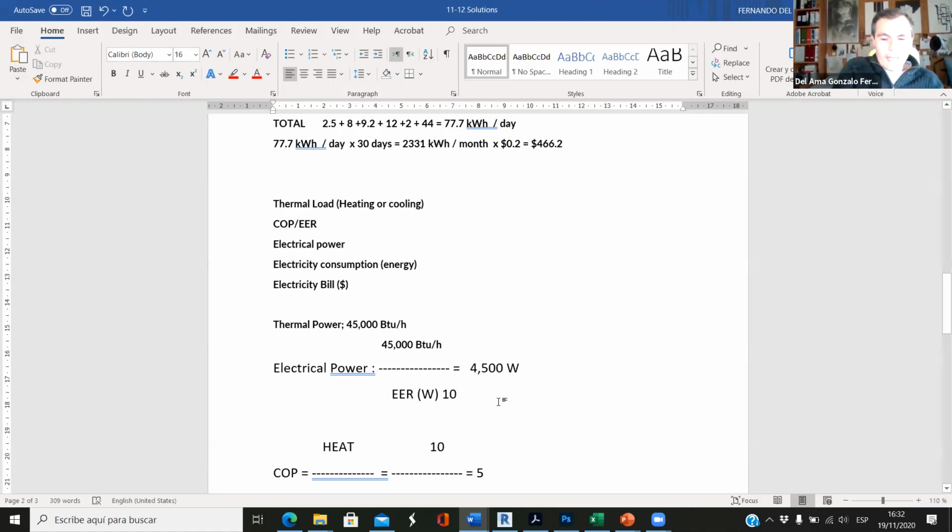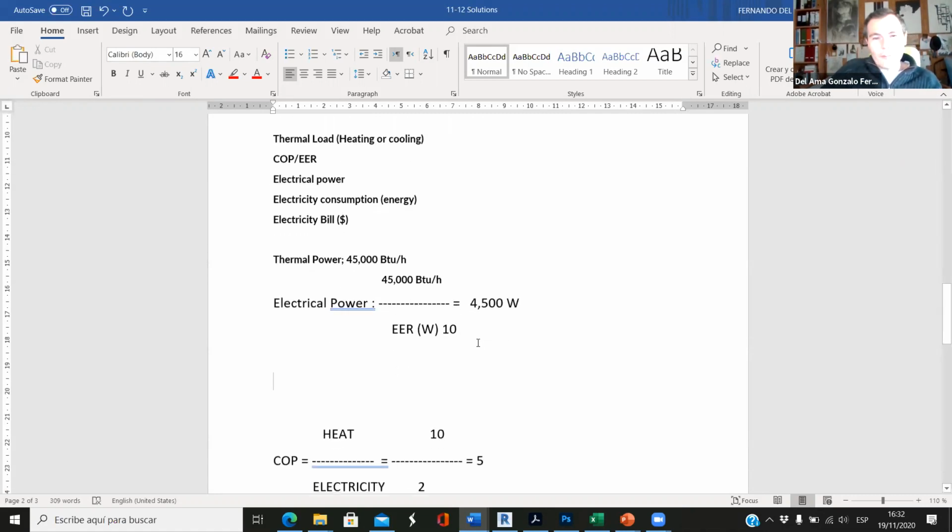Okay, so this is my electrical power. So the machine, the heat pump, is giving me, I'm heating up my room, and this is the thermal power. Okay, so this is what the machine or the heat pump is delivering, 45,000 BTU hours. And what is the electric power?